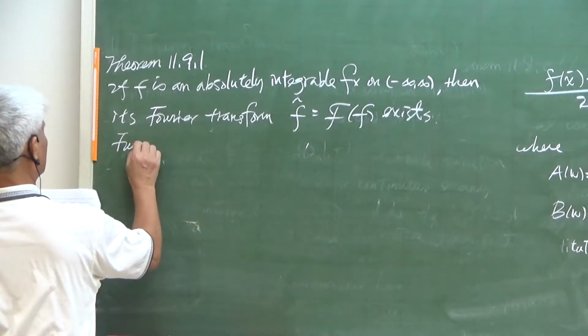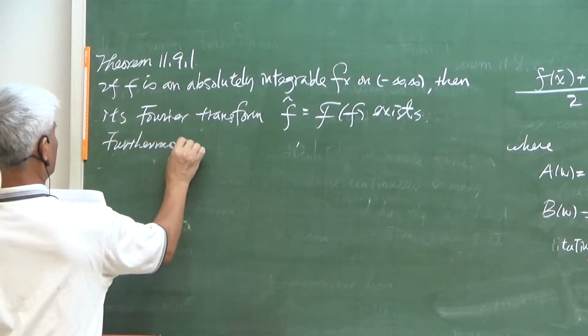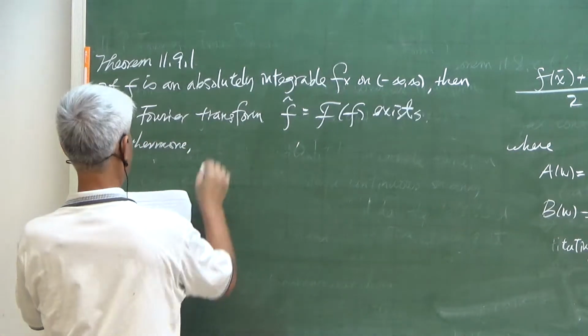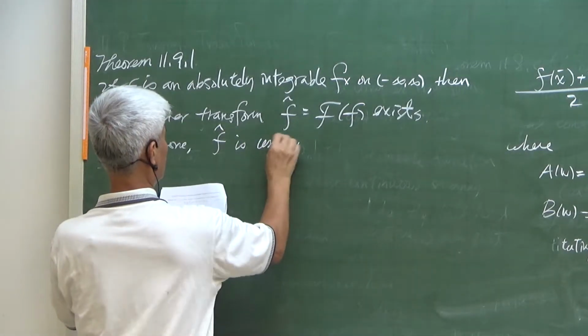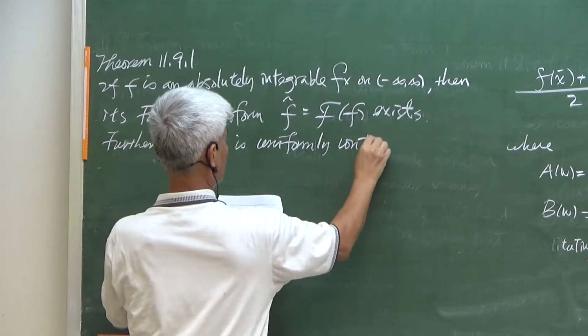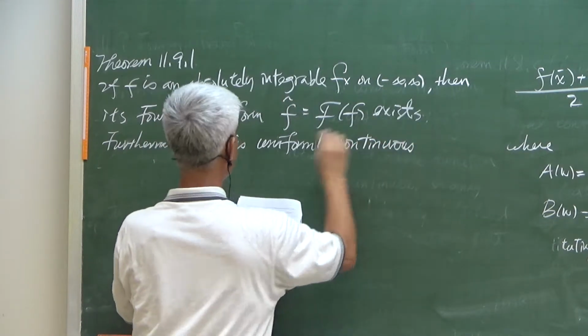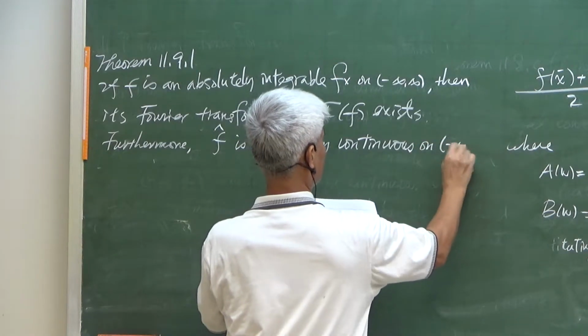Furthermore, the Fourier transform is uniformly continuous. So it's not only continuous but also uniformly continuous on the whole real line.